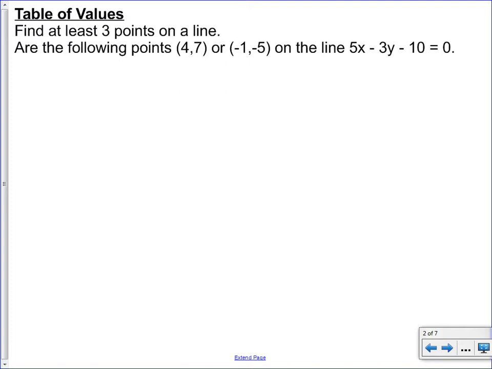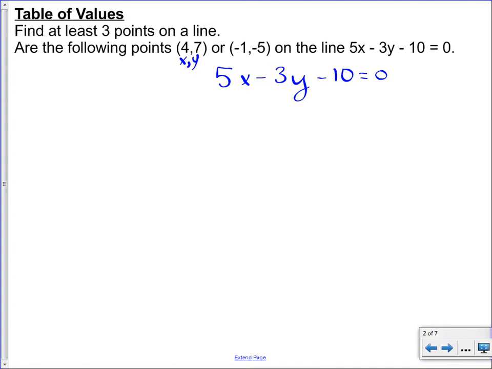If this is my equation, 5x minus 3y minus 10 equals 0, remembering that ordered pairs, how do I label an ordered pair? Do you know what the first number in an ordered pair represents? Curtis? X. And the second one represents?